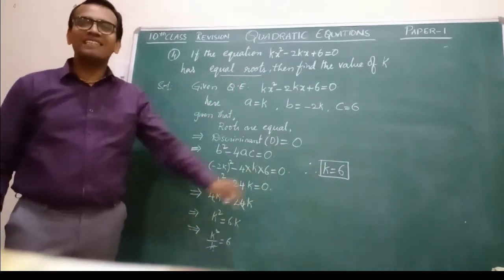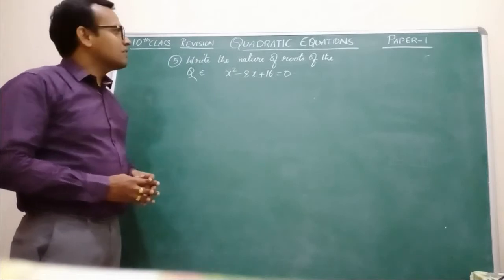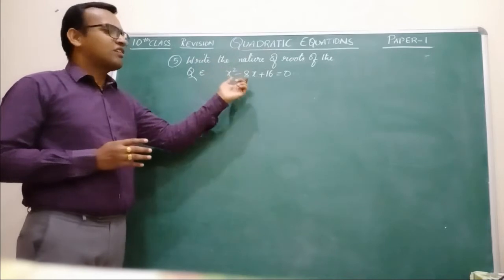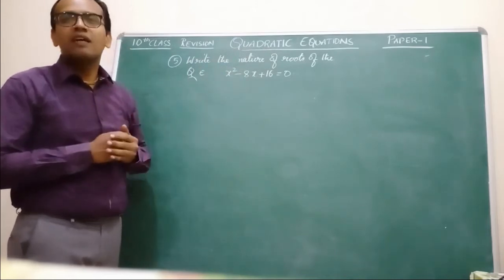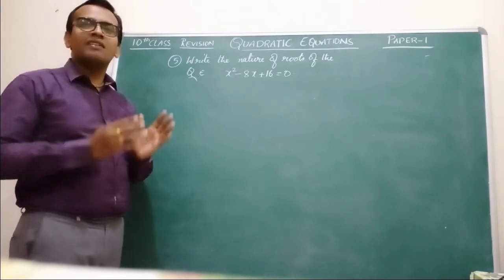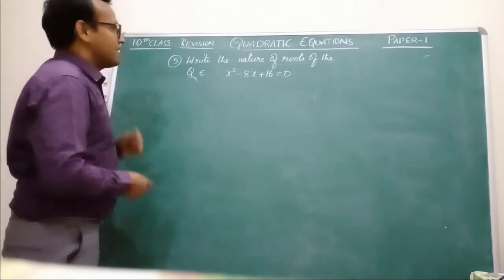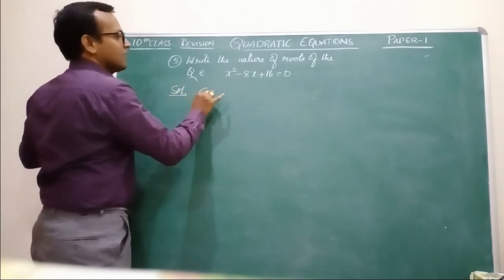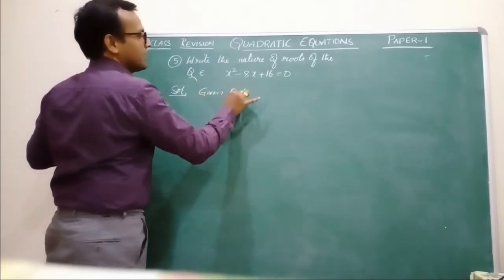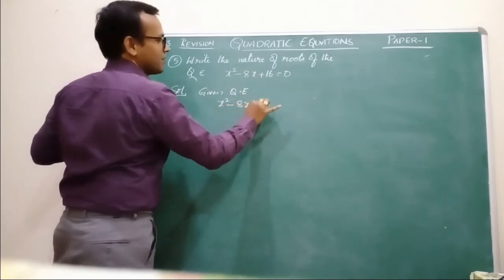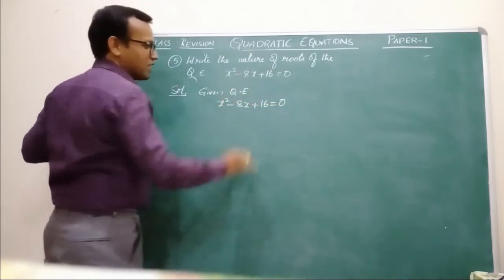In this question, he is asking straight away, what is the nature of roots of the equation? Let us find the nature of roots. Since we are discussing nature of roots and discriminant, it is a continuation to that. Let's see here. Solution. Given quadratic equation x square minus 8x plus 16 equal to 0.